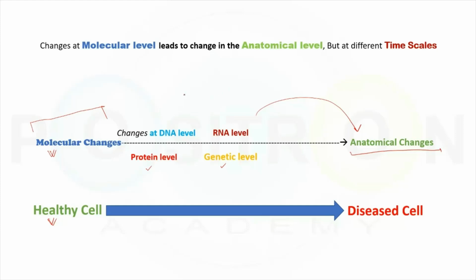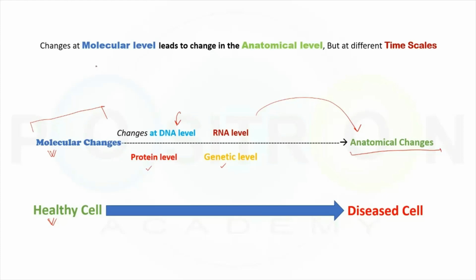So by means of molecular imaging, if we can sense the change at the molecular level, we can diagnose disease at an earlier stage. And that's the advantage of nuclear medicine, that it can detect changes at an earlier stage at which anatomical changes have not yet occurred.